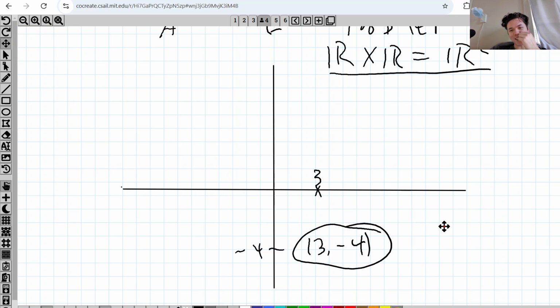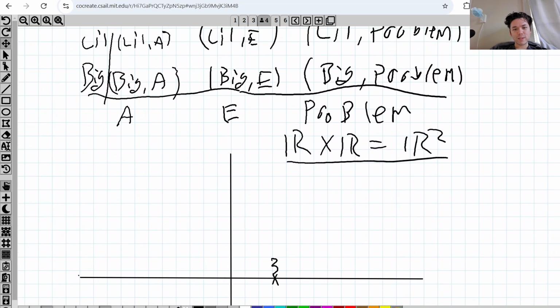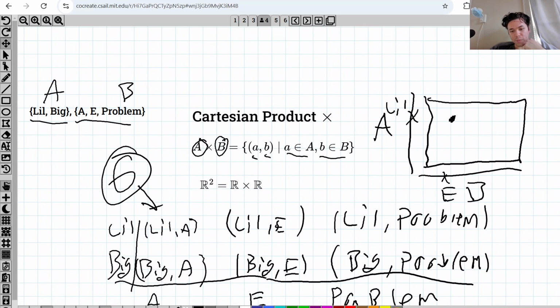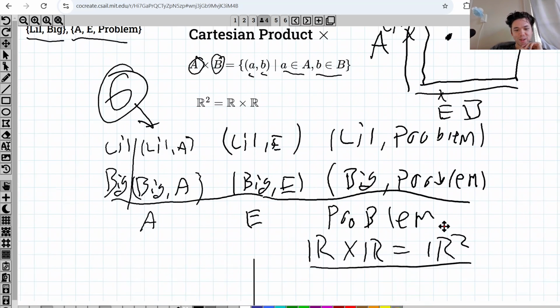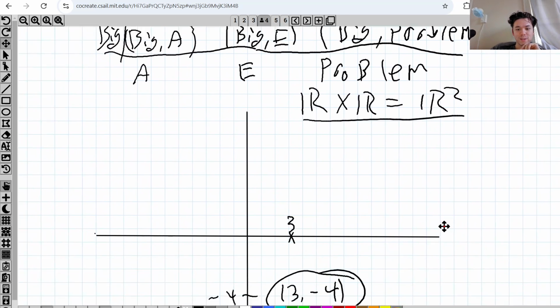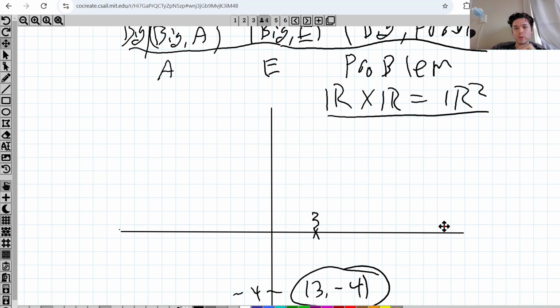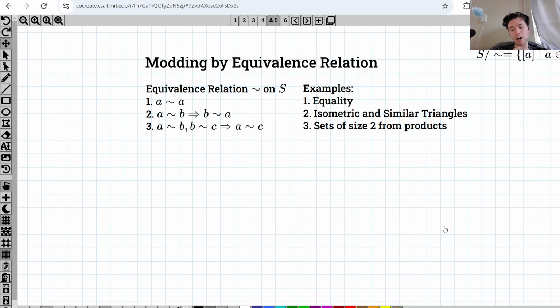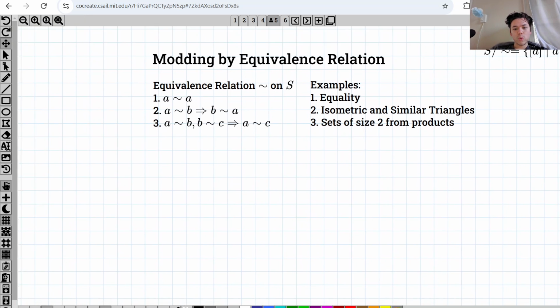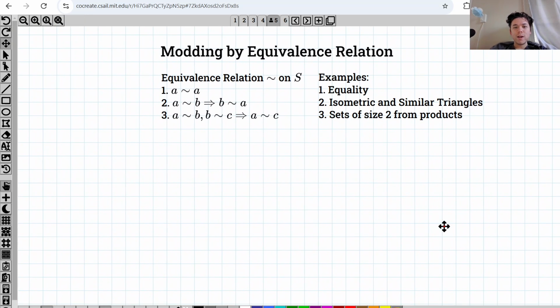There's not as much to say about Cartesian products off the rip, but as more examples come up with them, I could talk about more properties. But the second tool we'll need, which will be a little more involved, is taking mod an equivalence relation. Now, I feel like many more people have heard of the Cartesian product or seen products of sets than have ever heard the words modding by an equivalence relation.